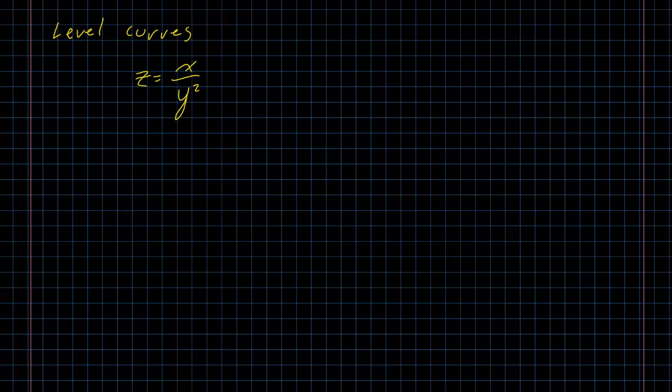We've already looked at what happens when z is equal to 0. We can try to look at what happens when z is equal to 1. Well, that will give us 1 equals x over y squared, or y squared equals x.